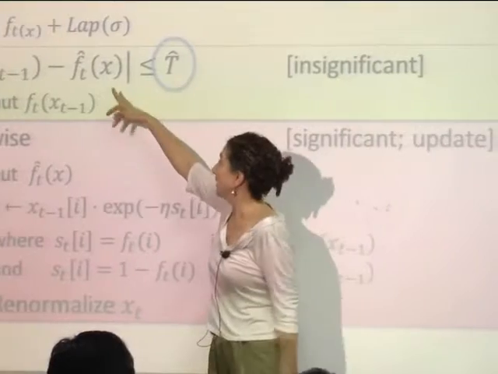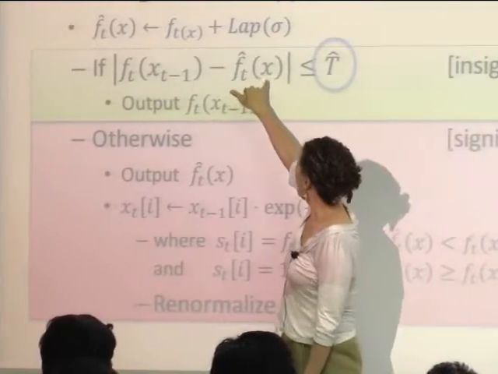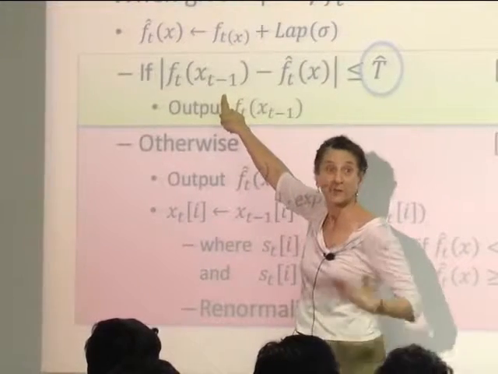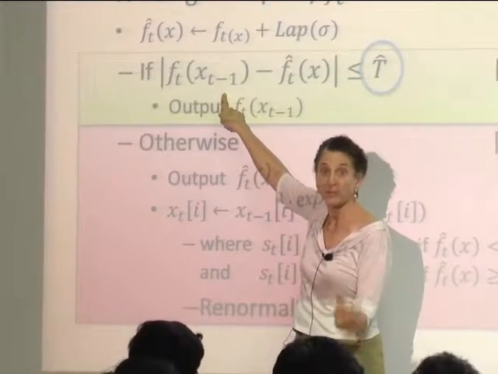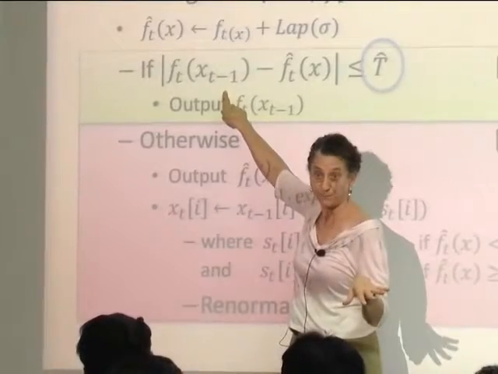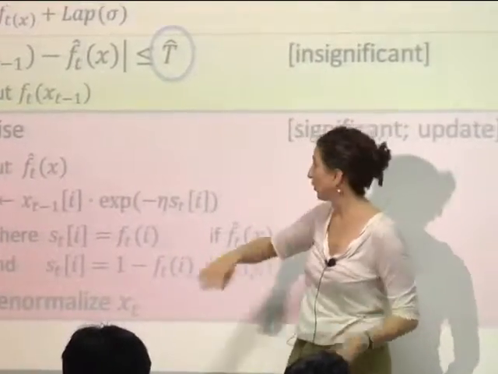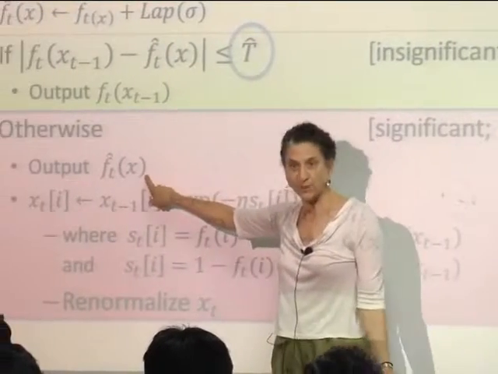On the other hand, maybe our approximation to reality is very different from what's computable from the public information, the public estimate. This becomes a significant query. So you output this approximation to the truth.